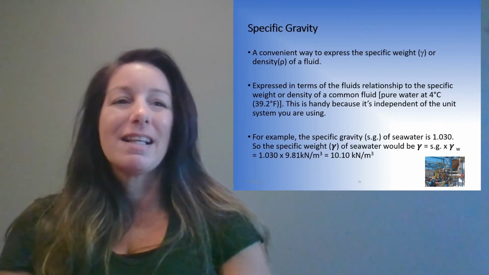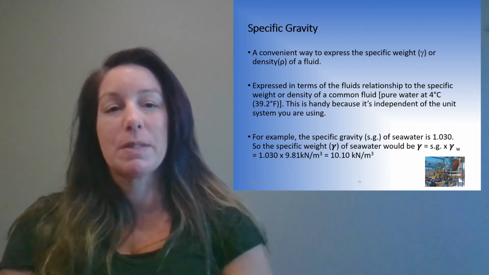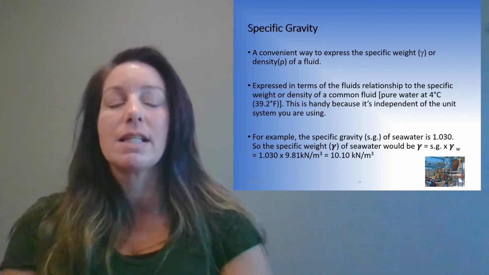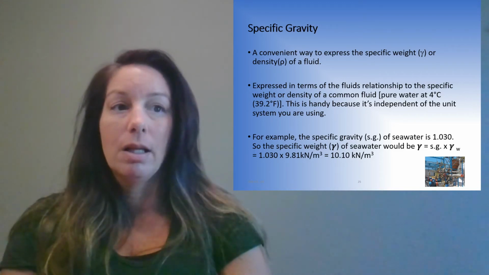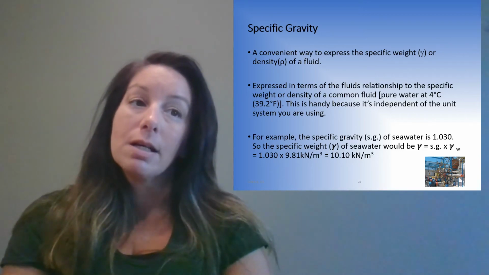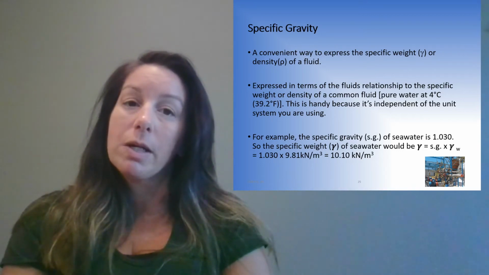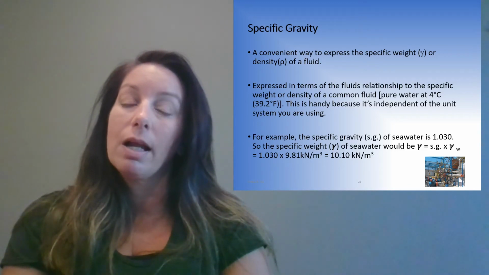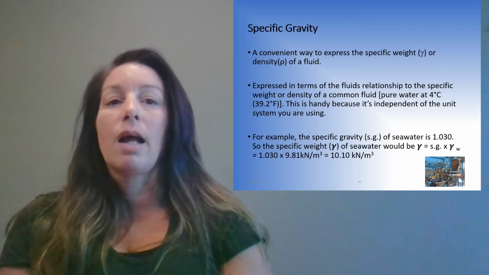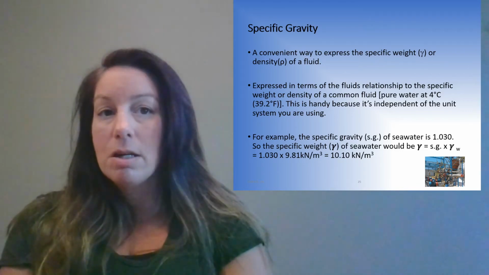So if the specific gravity of this particular seawater is 1.030, the specific weight of the seawater, that gamma that we talked about, is the specific gravity times the specific weight of water, which we already did, right? Which was 9.81 kilonewtons per meter cubed, or 9,810 newtons per meter cubed.